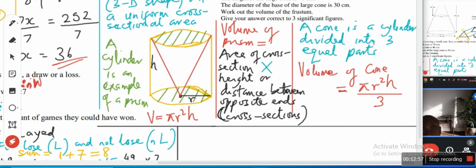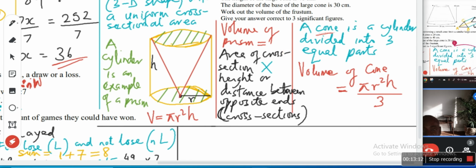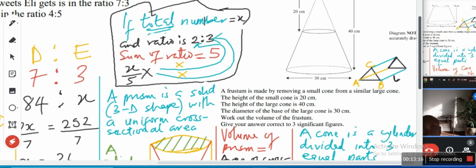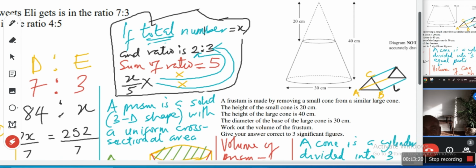Okay, so that's how we're able to get the volume of a cylinder, pi r squared h, and from there we got the volume of a cone, which is a cylinder divided by 3. Now we can move forward to get the volume of the frustum.